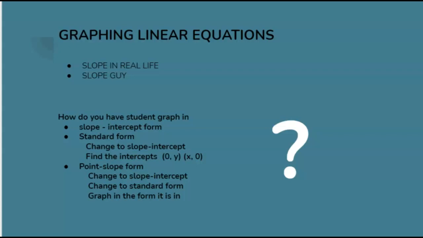So here is my logic, and I tell my kids this when we're doing that. I am fine with going to everything in slope-intercept. I am fine if you want to find the intercepts. But here is where I think finding the intercept comes into play the most, and that is when you actually start getting into your application problems, your story problems, that kind of thing.